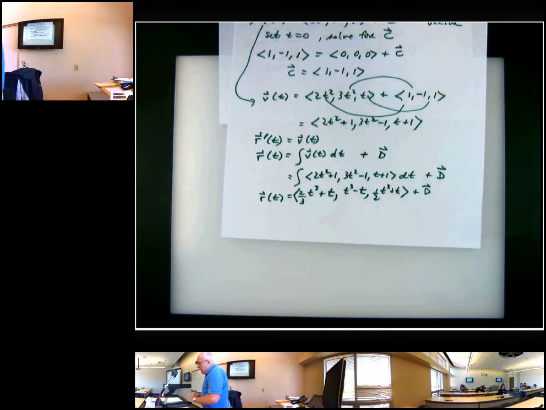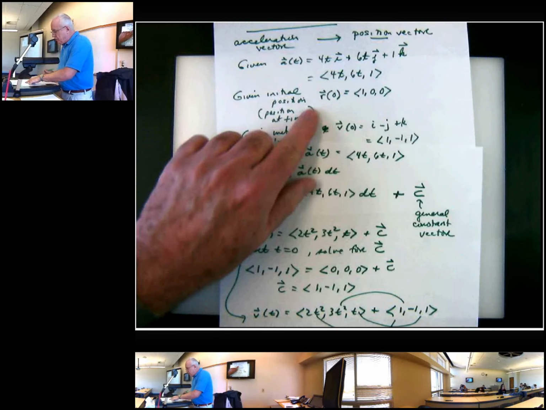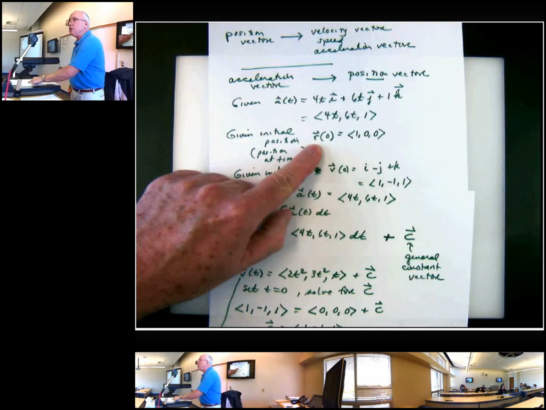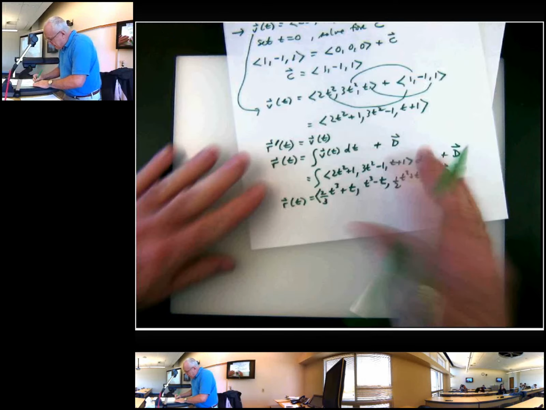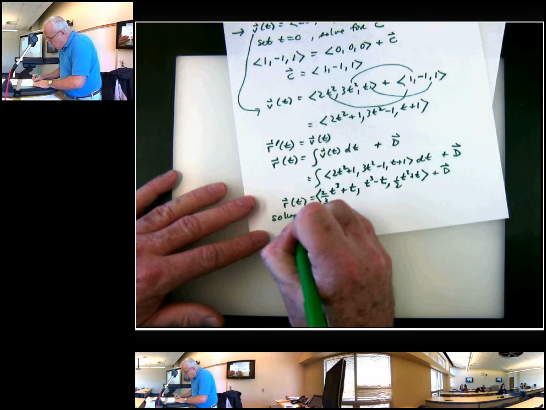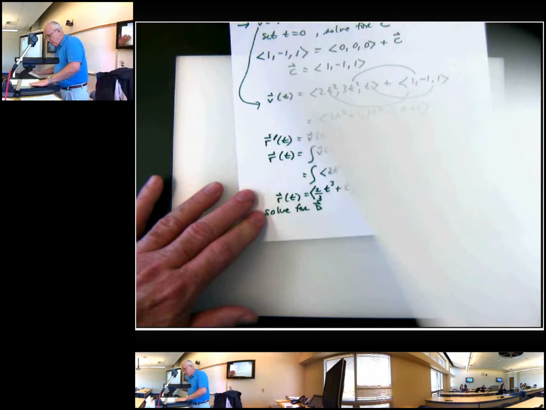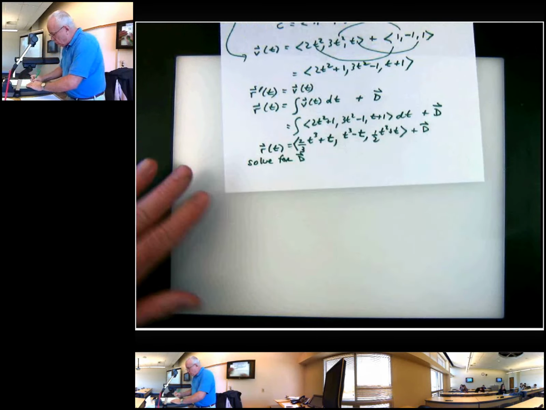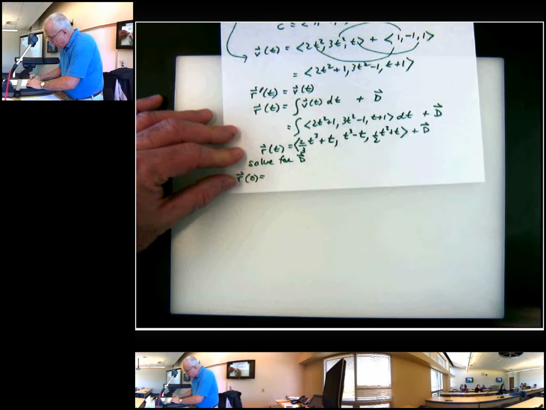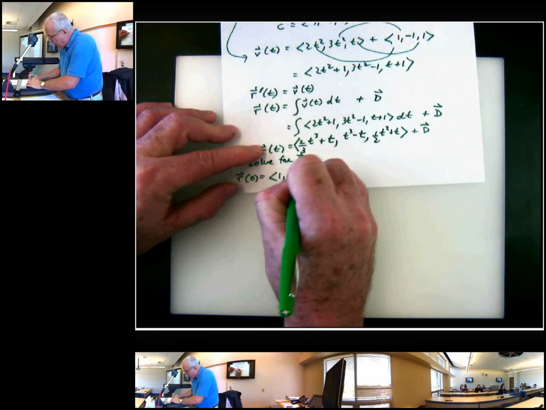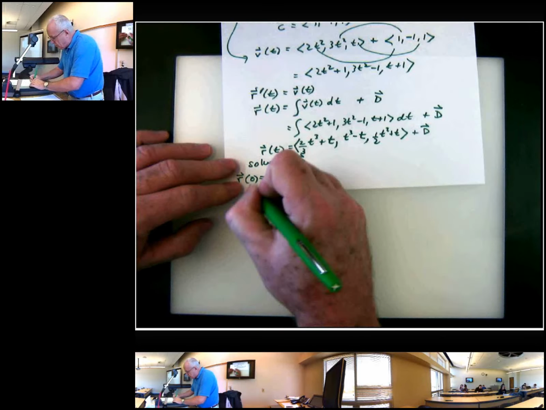All right, now again, we had gotten some information at the beginning that our initial position vector was 1, 0, 0. So we can solve for that general constant vector. We're told that r at 0 was 1, 0, 0. And now I'm going to plug in t equal to 0.